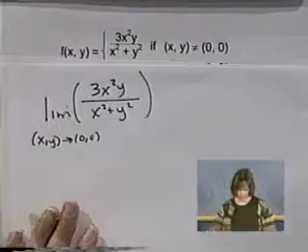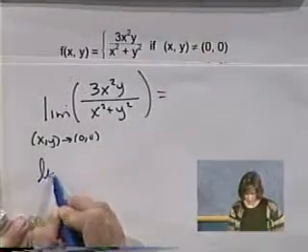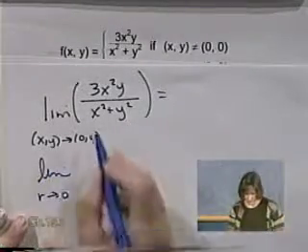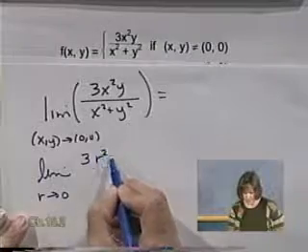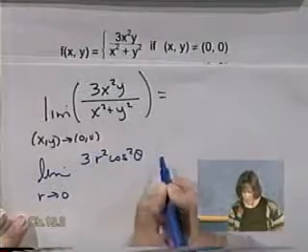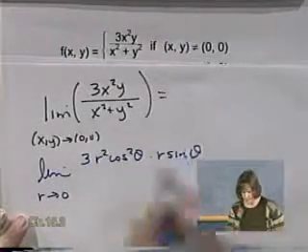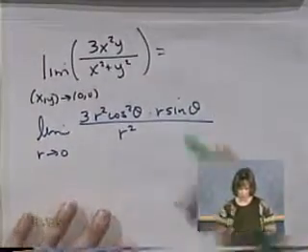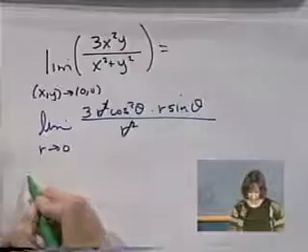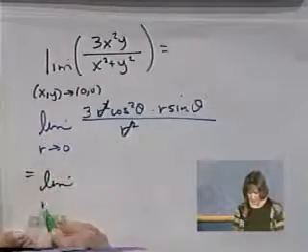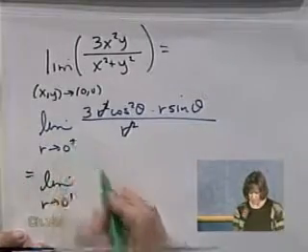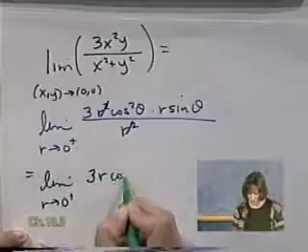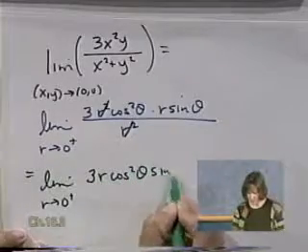Because look what I got here. For x, I'm going to put in r cosine theta. For y, I'm going to put in r sine theta. And x squared plus y squared equals r squared. Well, my goodness, look here. The r squareds cancel. And I get the limit as r approaches 0 of 3r cosine squared theta sine theta.